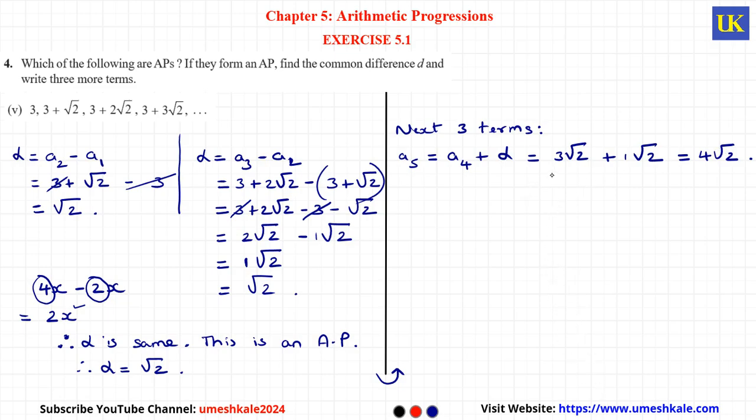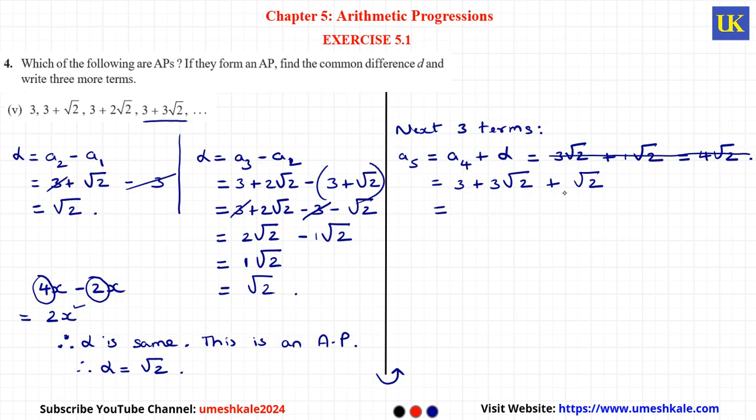Guys, I made a small mistake here. So here A4 is not 3 root 2, it is 3 plus 3 root 2. So what we'll do is we'll just cancel this and we will solve it here. A4 is 3 plus 3 root 2 plus D is root 2.